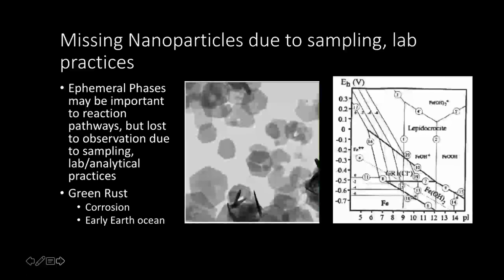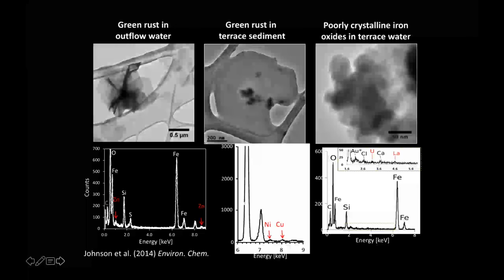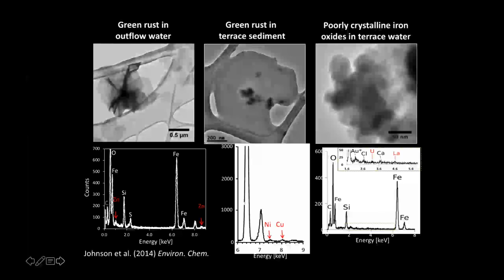They may form early, react out, and if you only look at the products and reactants, you would have no idea what the actual reaction pathway is. And so this is looking at green rust. It has a very short residence life because it oxidizes almost instantaneously. And so you have to go to some fairly special sampling procedures to collect this and to be able to observe it.